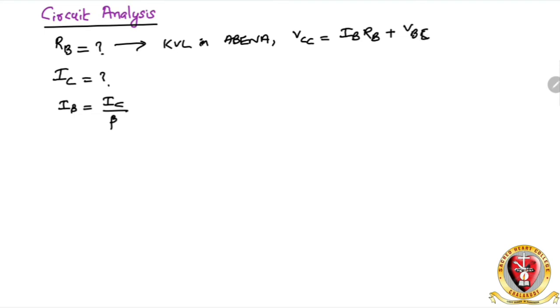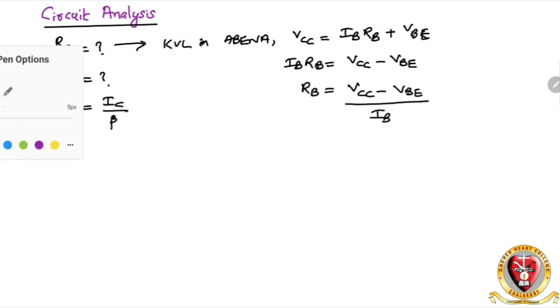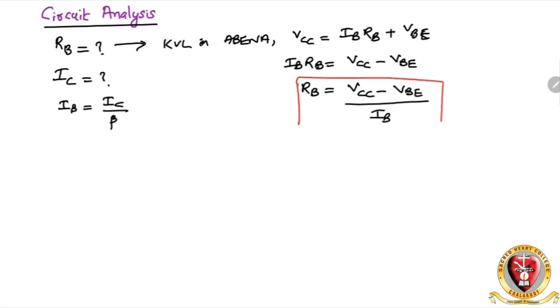So from this we get IB RB is equal to VCC minus VBE. From that we will get RB is equal to (VCC minus VBE) by IB. So this is the equation of RB. Knowing VCC, VBE and IB, we can find RB.